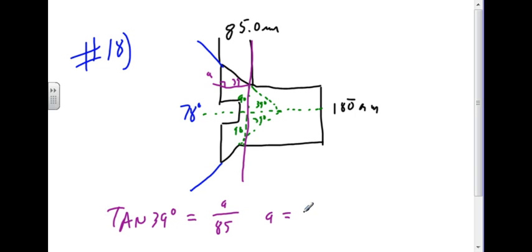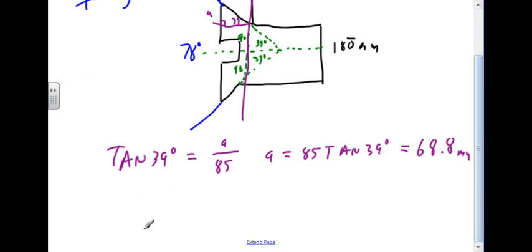A is 85 tangent 39. So 85 tangent 39, 68.8 millimeters.